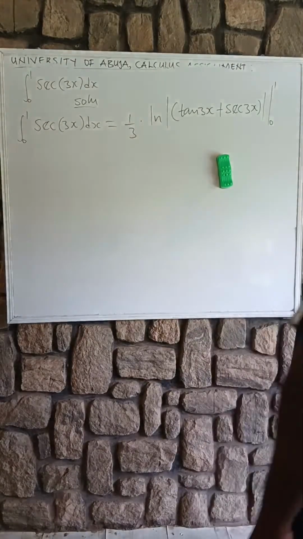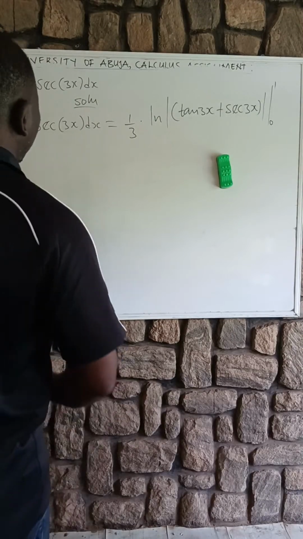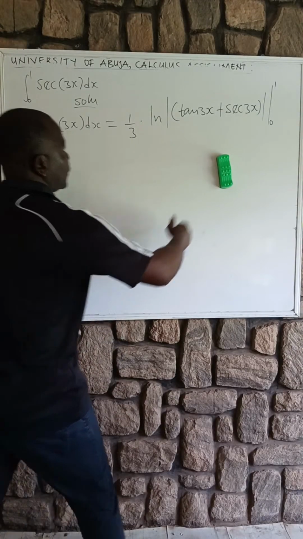So that is how we are going to integrate trig functions. This implies that we have to substitute the upper limit and subtract the lower limit.